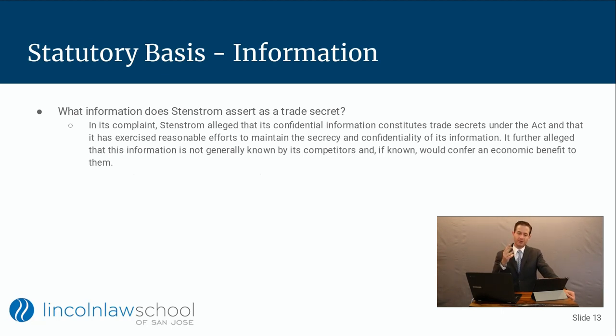Now that gets into the third element that we'll look more at here, and confidentiality of its information. It further alleged that this information is not generally known. Now what does that get to? It gives them a competitive advantage. So what they're doing here is, in essence, saying this information gave us, Stenstrom, a competitive advantage, and we took, quote, steps to maintain its secrecy.